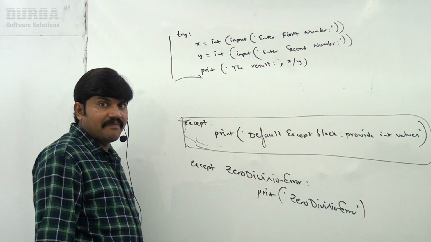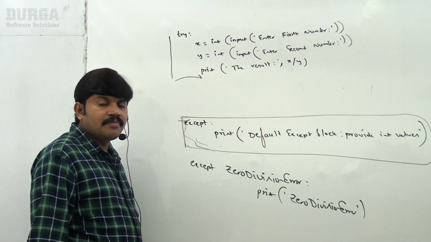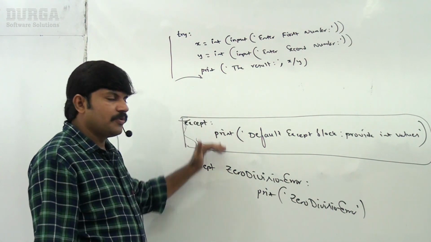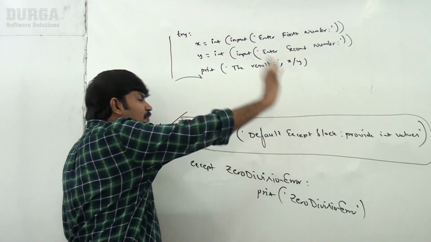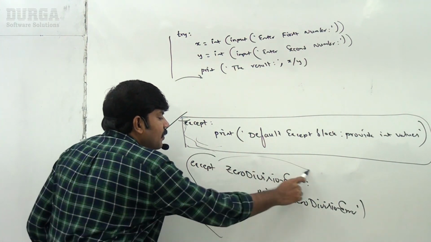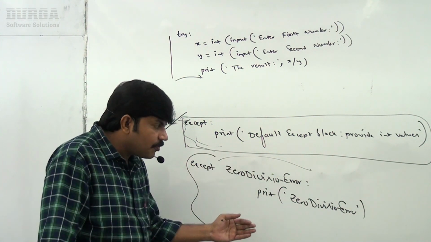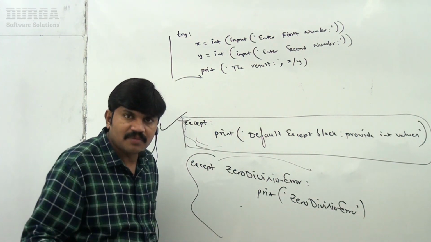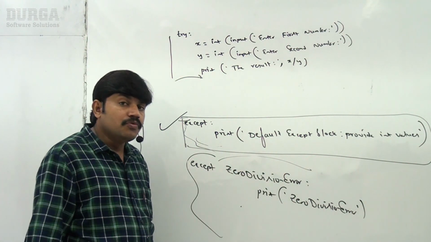Very important point. If multiple except blocks are there, the Python virtual machine always gives the chance from top to bottom, right? So if the first one can handle any type of exception, then the remaining except blocks never get a chance. This one is more specific to handle ZeroDivisionError, the next is more specific to handle FileNotFoundError, but these except blocks never get a chance, which may be a problem.